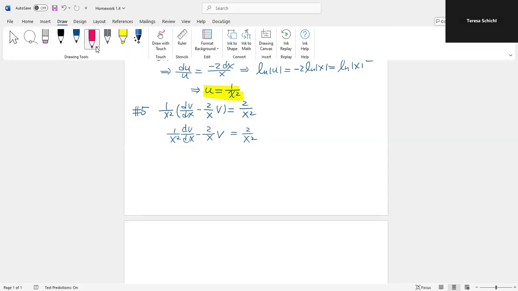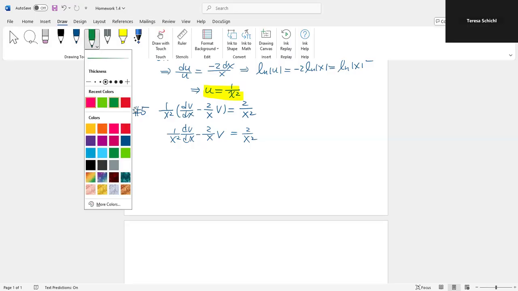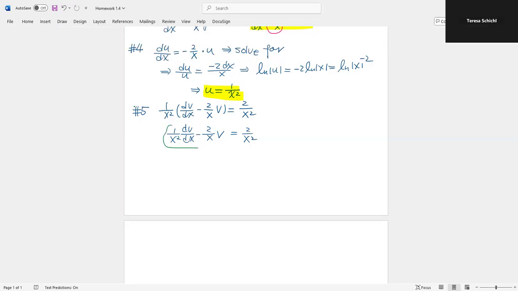We know this is the derivative of 1 over x squared times v here.